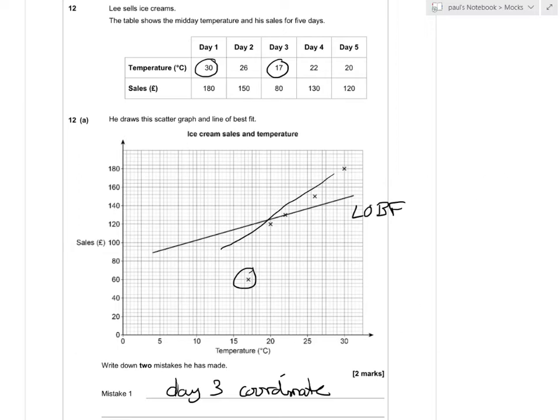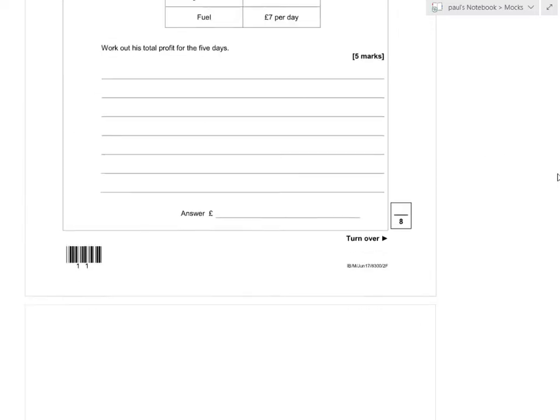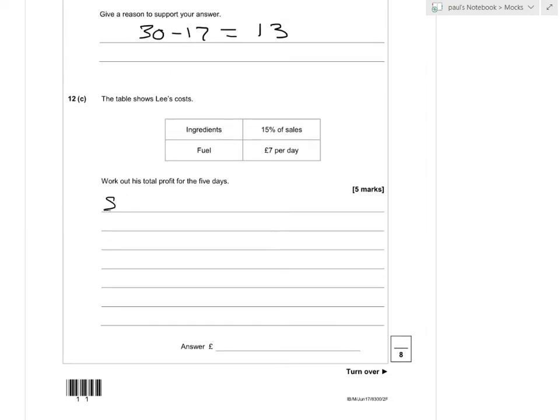So let's come back. So sales are £660. Now, ingredients are 15%, so we've got to work out 660 times 15% is £99. So £99 for the ingredients. Fuel is £7 a day.